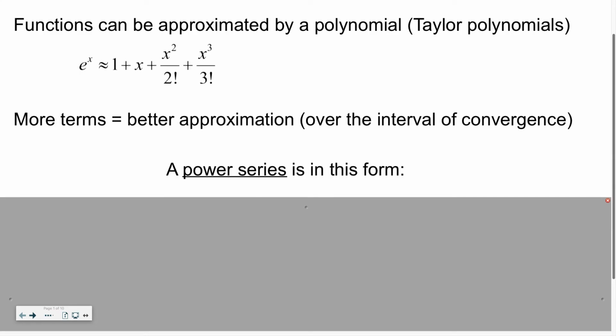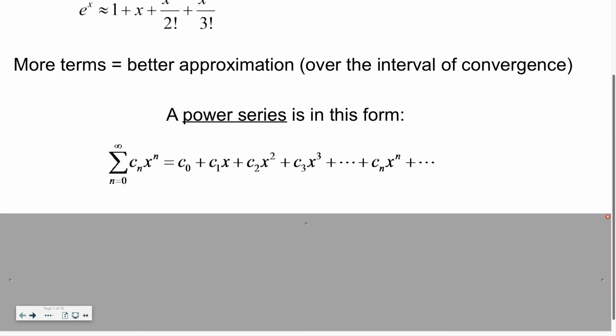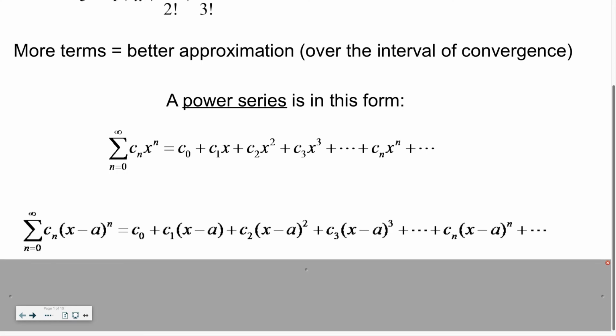So we're going to work with what's called a power series. It's an infinite series that we're going to use to approximate, eventually, non-polynomial functions, either centered at 0 or centered at a.